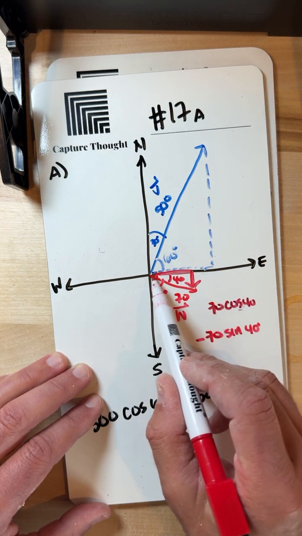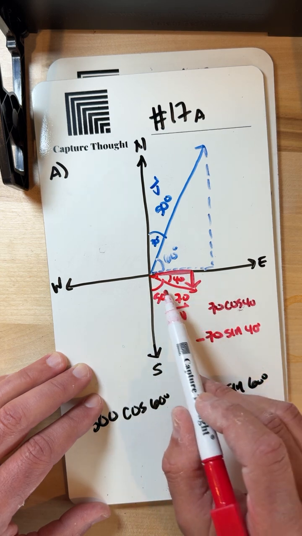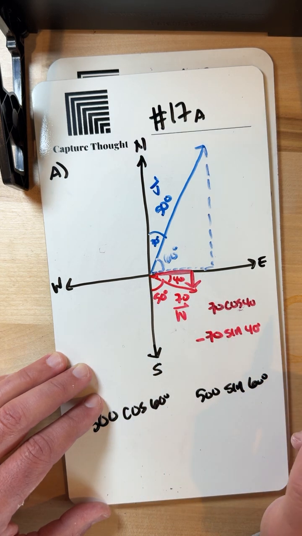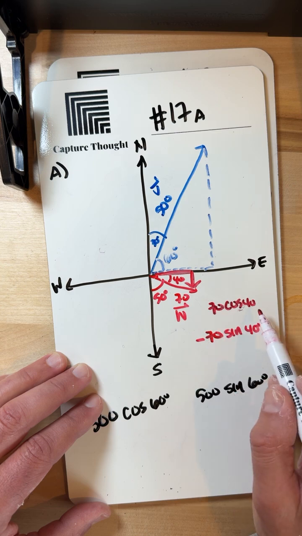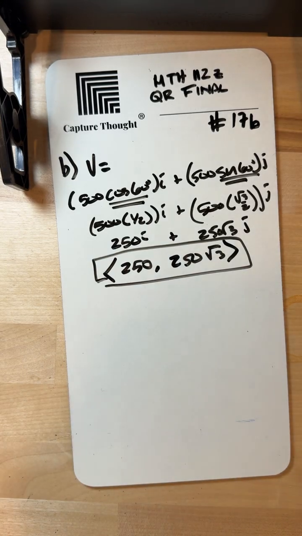So again, this is the x direction and this is the y direction. This is going to be 70, which is the magnitude of our vector for the wind. So 70 cosine 40 and then negative 70 sine 40. Let me write that down over here.